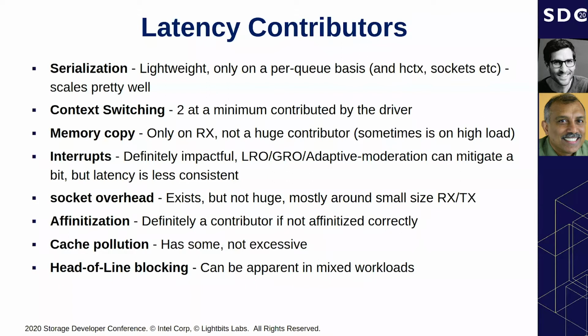So affinitization definitely can contribute to latency if not set up correctly. So we'll talk a bit about that. Cache pollution. Yeah, obviously we do memory copy on the RX side. So on different workloads, it can have some cache pollution effects, not very excessive. And also we have head of line blocking that could be apparent in mixed workloads.